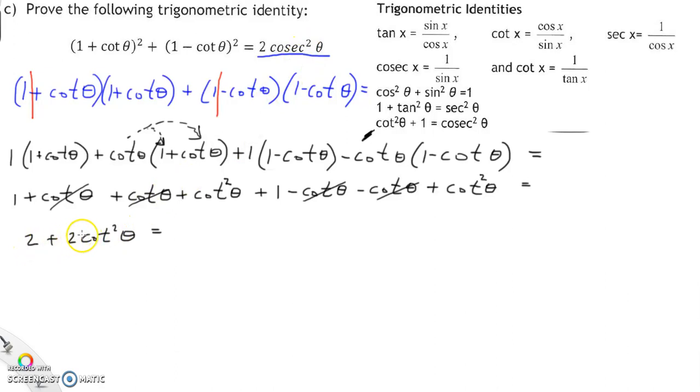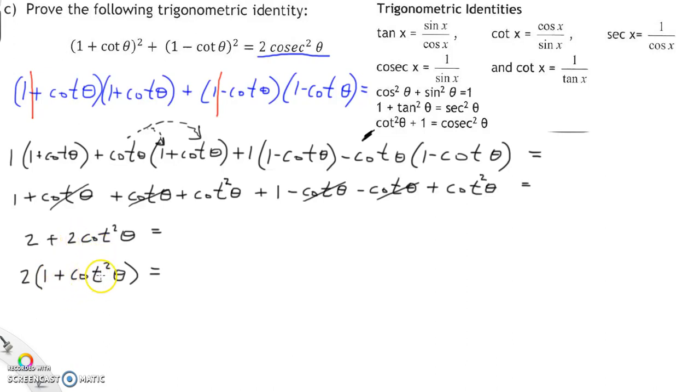Now this 2 and a 2 here, this pattern, so we can pull out the 2 and factor it out. So that's 2 times 1 plus cotan squared theta. So this line equals that line. We just pulled out the 2 and put in brackets. You can multiply into the 2 and you'll end up back here. So they're the same thing, different structure.